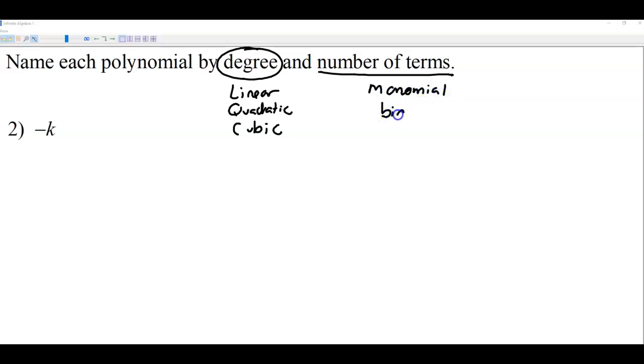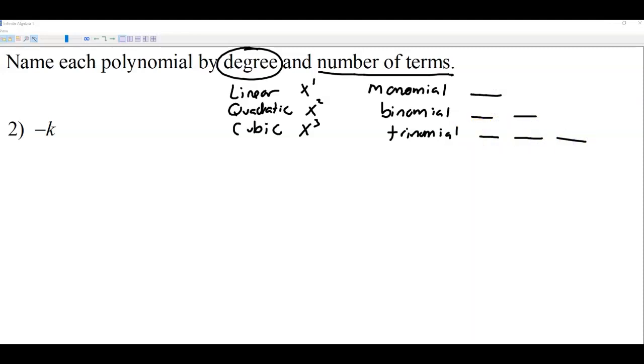Is it a binomial? Or is it a trinomial? Linear means that the highest power is 1, quadratic means the highest power is 2, and cubic means the highest power is 3. Monomial means there's only one term, binomial means there's 2 terms, trinomial means there's 3 terms.